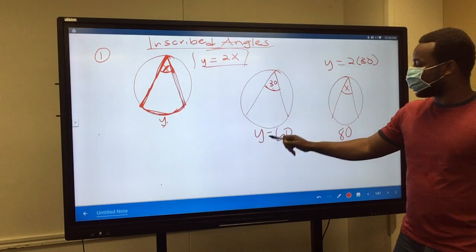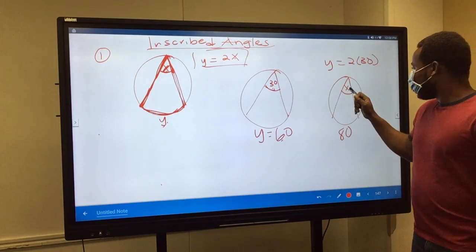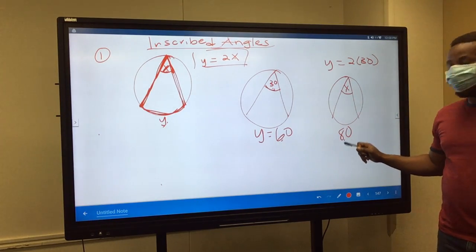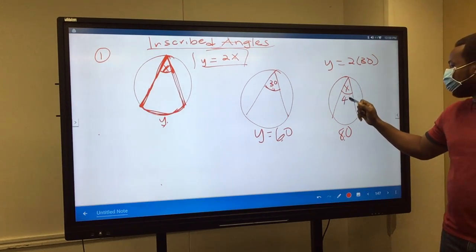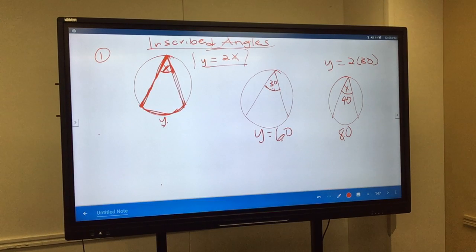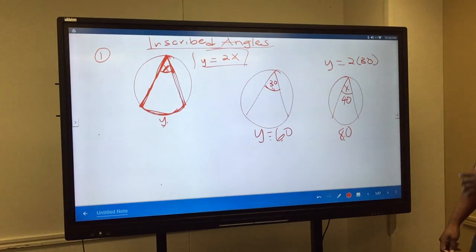Remember, the arc is twice the angle. So we are looking for a number that when we multiply by 2, we get 80. Or you divide 80 by 2 to get 40. That's the first one, called an inscribed angle. You see, the principle is easy. Multiply the angle by 2 to get the arc.